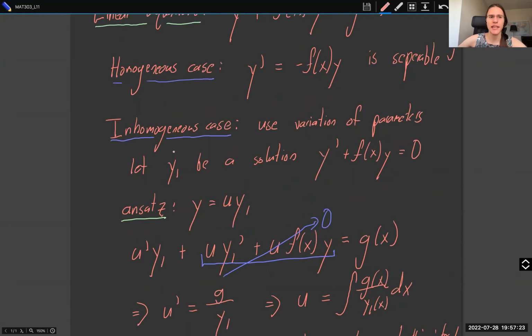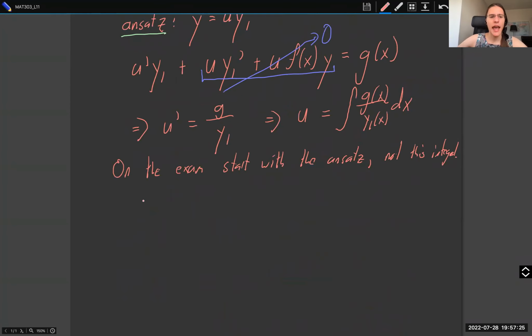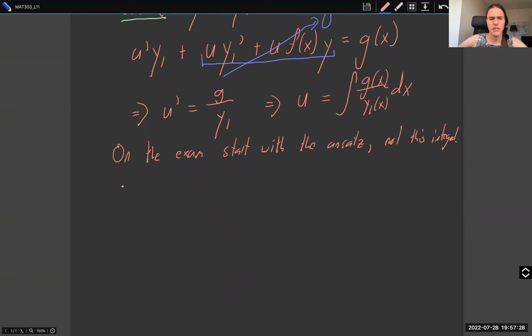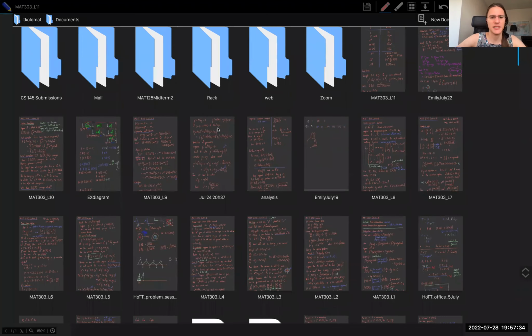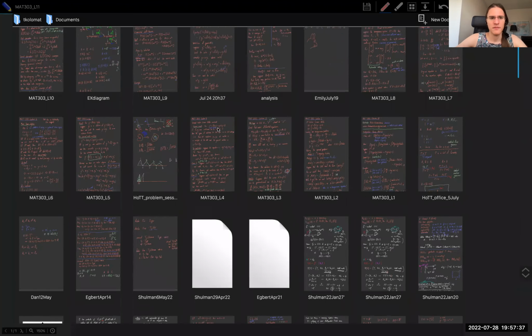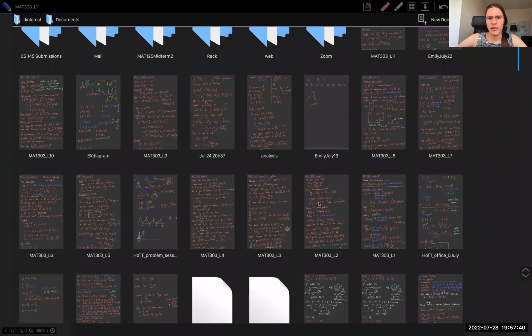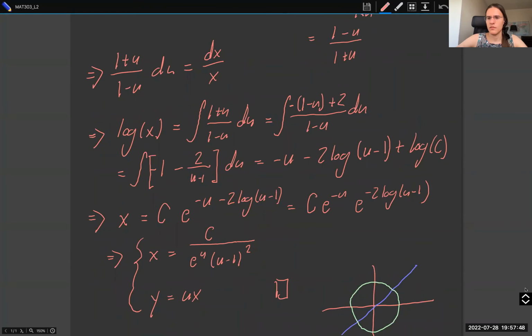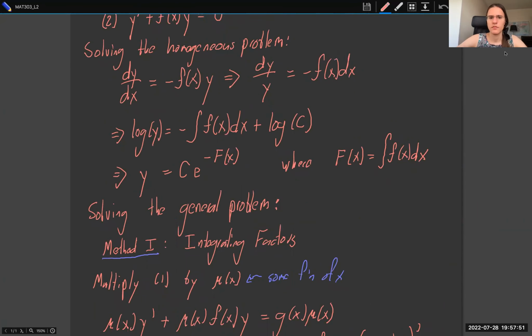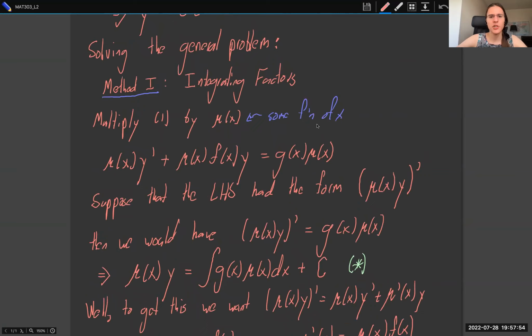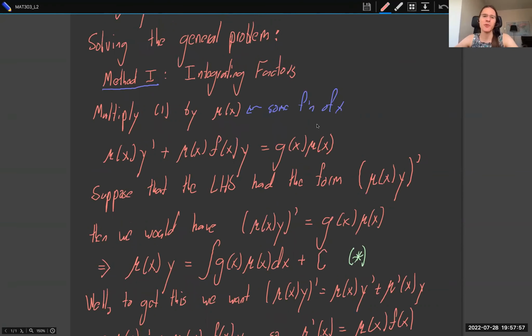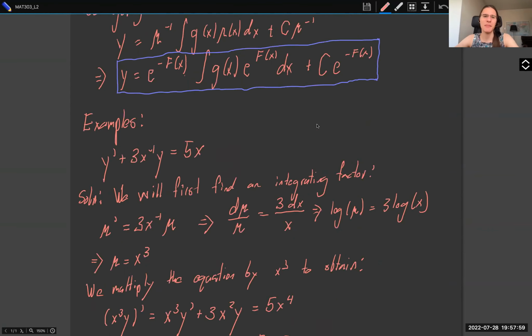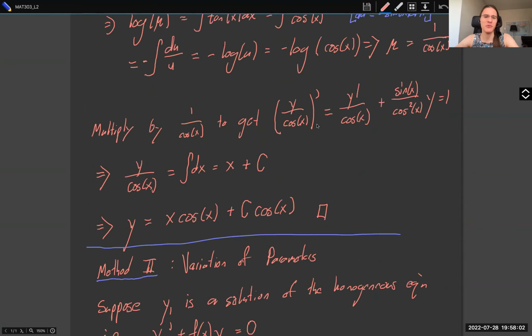Then we had some special cases of first order equations. I think one of them was the Bernoulli equation. So I'm just going to go back and look at what they were, in fact. Then we had the method of integrating factors, and you can also do this, but I'm just going to review variation of parameters.